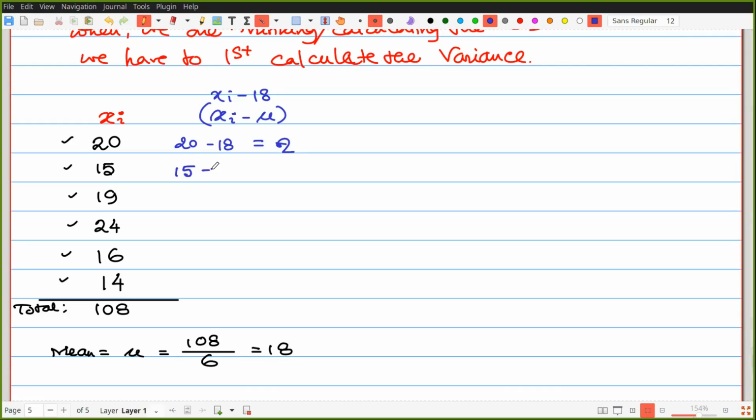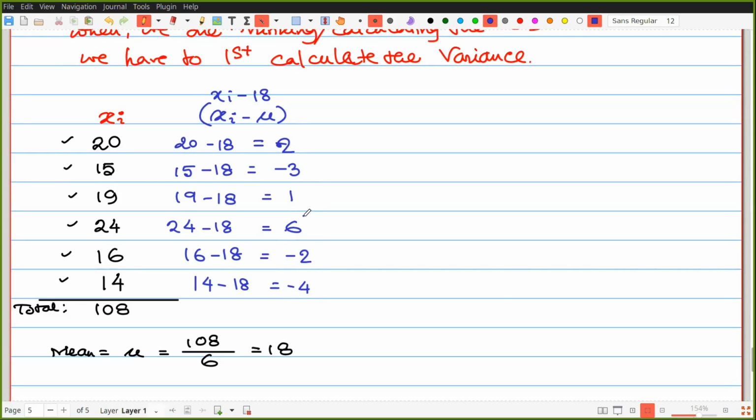Next, 15 minus 18, that is minus 3. 19 minus 18, that is 1. 24 minus 18, that is 6. 16 minus 18, that is minus 2. 14 minus 18, that is minus 4. So that is our second column.